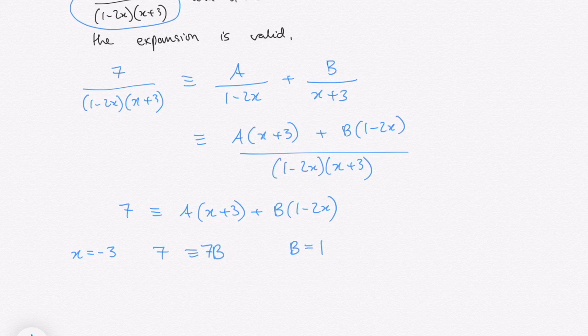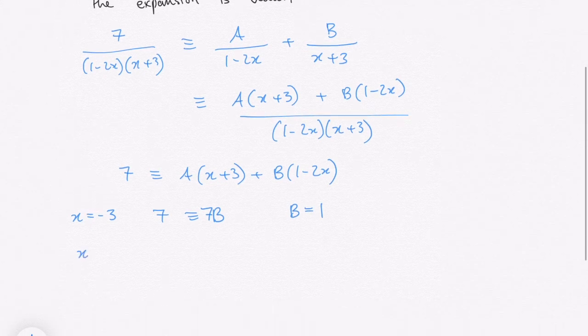Now let's let x equal a half. If x is equal to a half, we get 7 is equal to a half plus 3, so 7 over 2, lots of a. And then this next bracket, 1 minus 2 times a half, is 0. So multiplied by 2 and divided by 7, we get a is equal to 2.